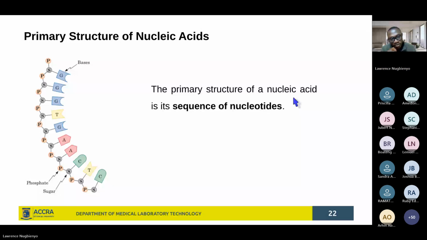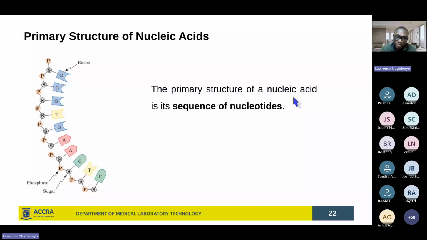So if you already have knowledge about these proteins, the different amino acids that you have, glycine, leucine, isoleucine, phenylalanine, and all of that, and you take a peptide chain, or else you take a protein, you are referring to the structure of the protein by referring to the sequence of the amino acids that follow.